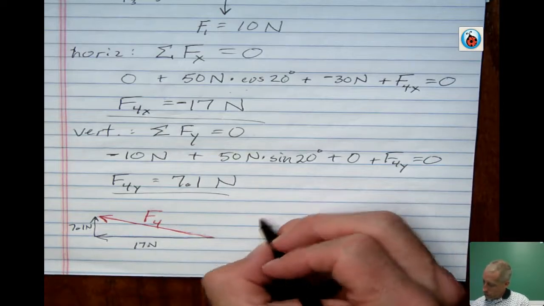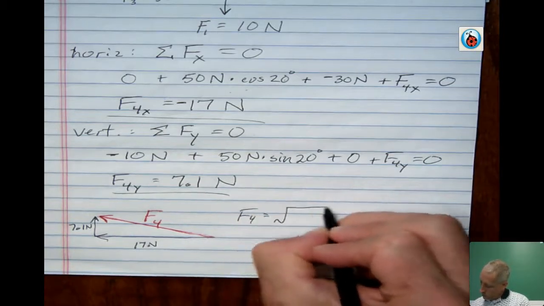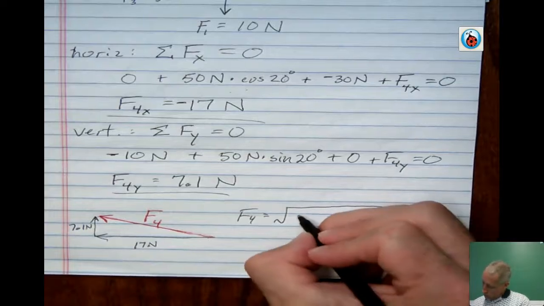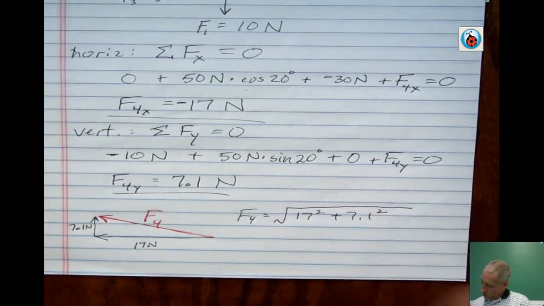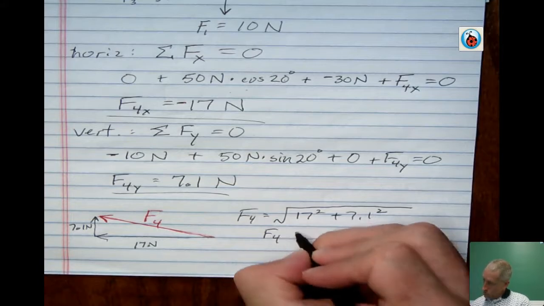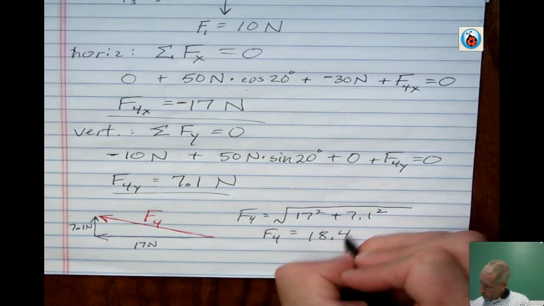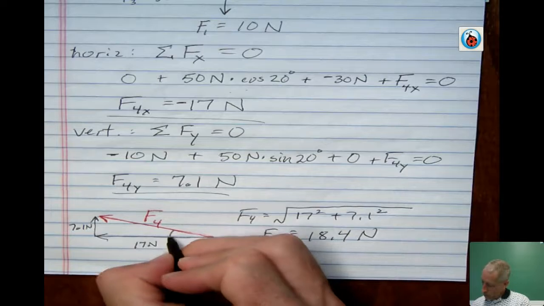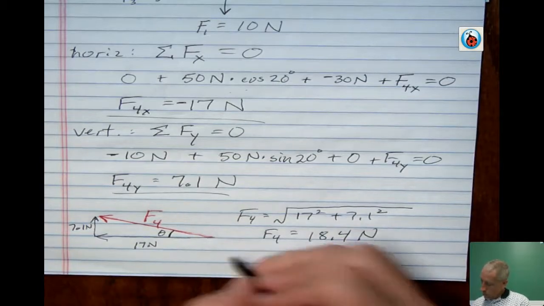That's a Pythagorean theorem. And so the magnitude of F4, sounds like a tornado, is 17 squared plus 7.1 squared and then square rooted. That gives me about 18.4 newtons. And then we would calculate the angle here. We'll call that theta. I'm running out of room.